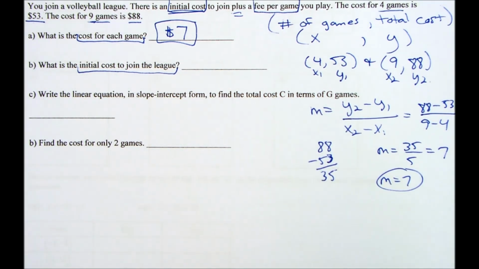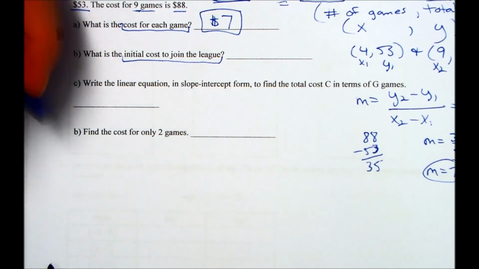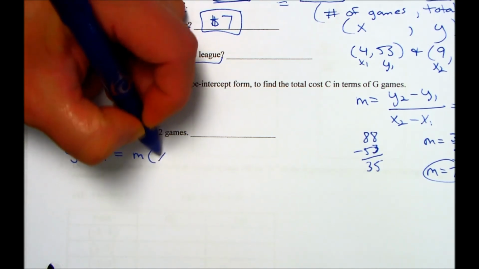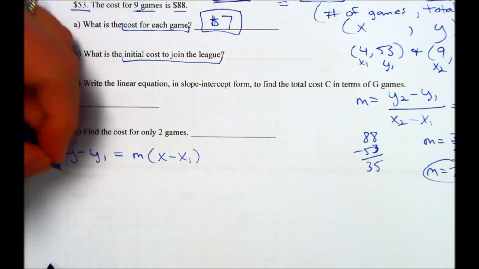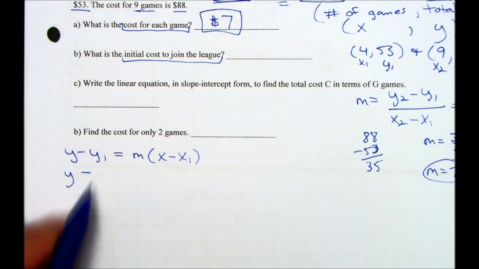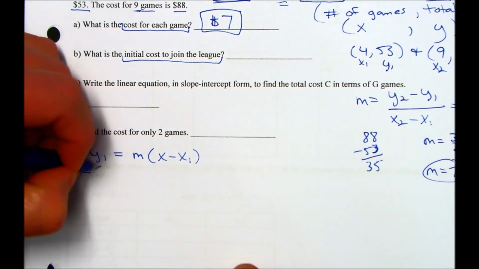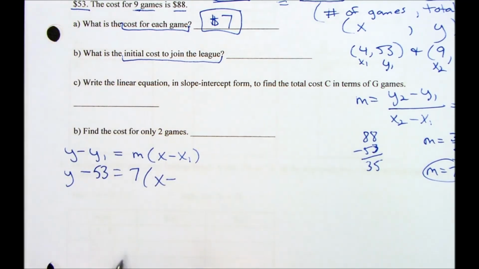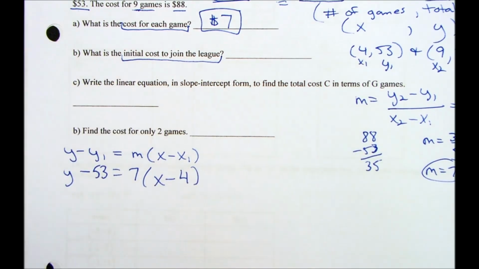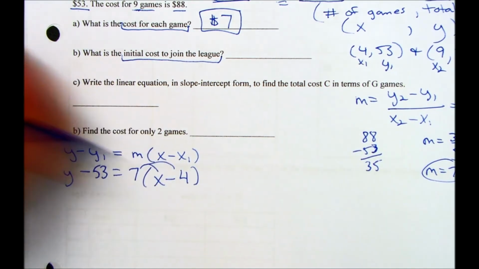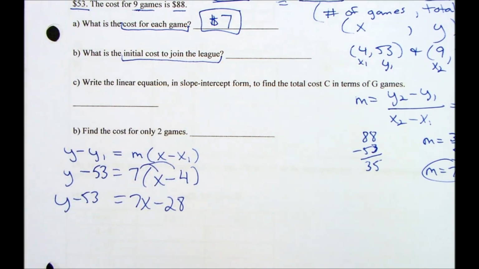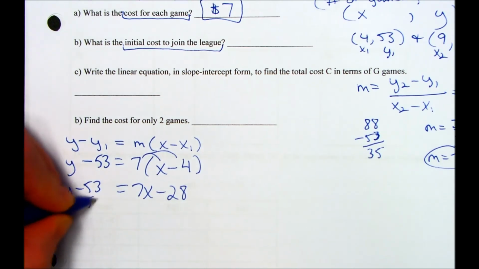Well, you can use point slope form or slope intercept form, whichever you'd like. I like point slope form, so I'm going to use y minus y1 equals m parentheses x minus x1. The y is part of the formula, minus my y1, which is 53, equals m, which is my slope, x minus my x1, which is 4, and then I'm going to distribute 7x minus 28, bring the left side down, and then add my 53.